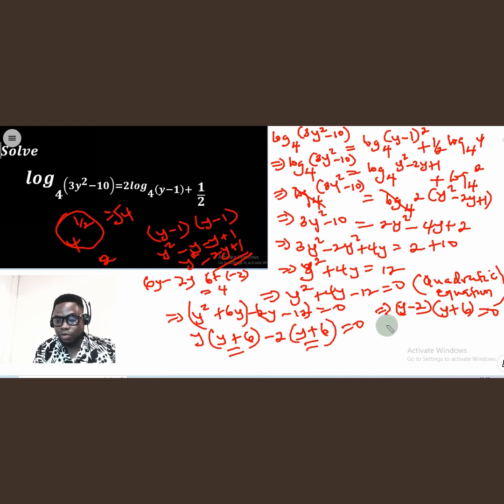So I will have y minus 2 is equal to 0, and y plus 6 is equal to 0. Solving this, y will be equal to plus 2, and the other y will be equal to minus 6, because when you collect like terms, you have minus 6 here. So y is equal to minus 6. These are the values of y, the positive value and the negative value.